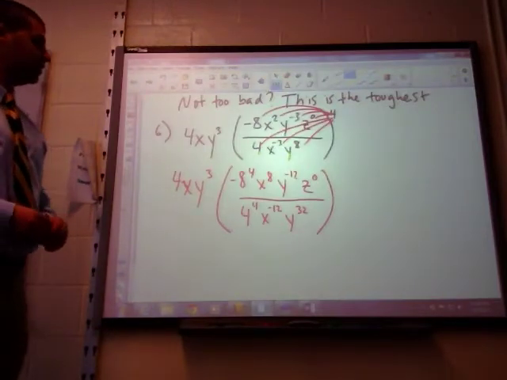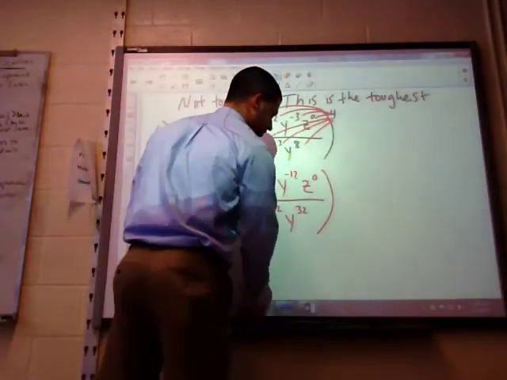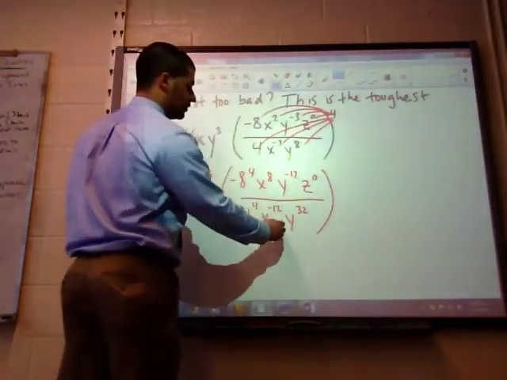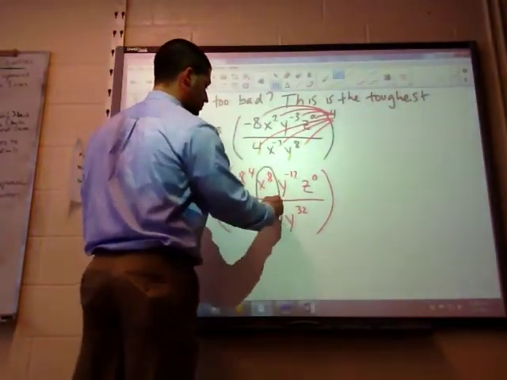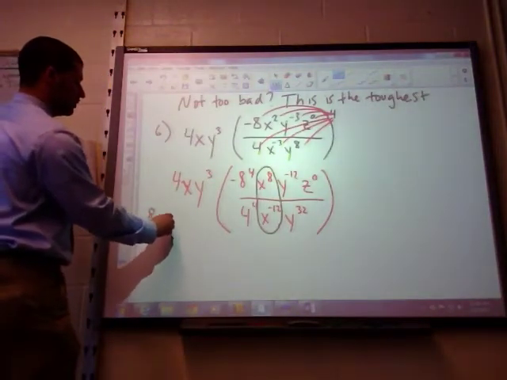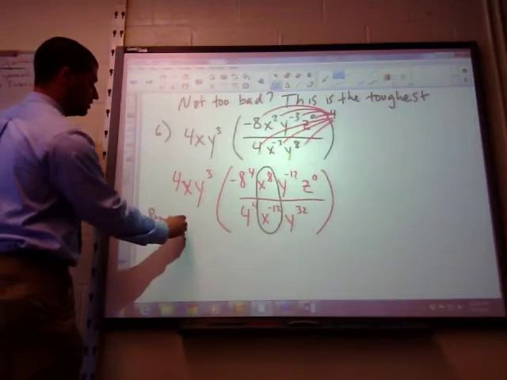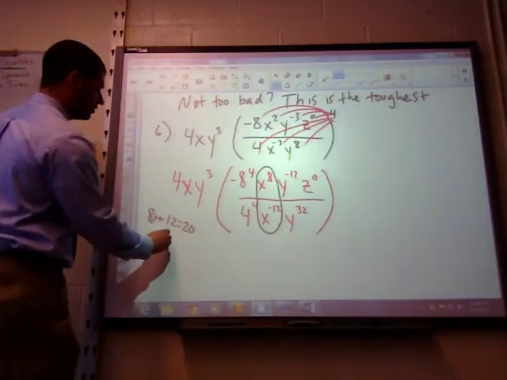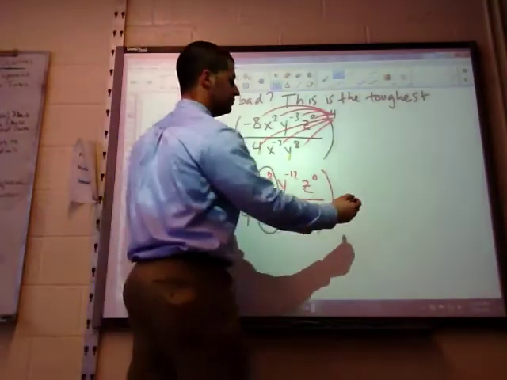From here, we can use the quotient rule for what's inside the parentheses. So let's do variables first. We have 8 minus negative 12, so it becomes a plus, and that's 20. So that's x to the 20th. That's going to be on the top.